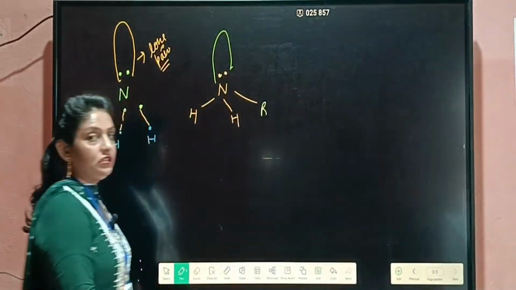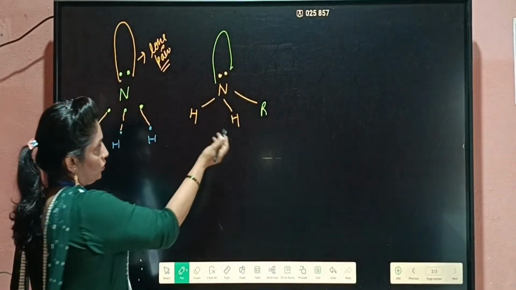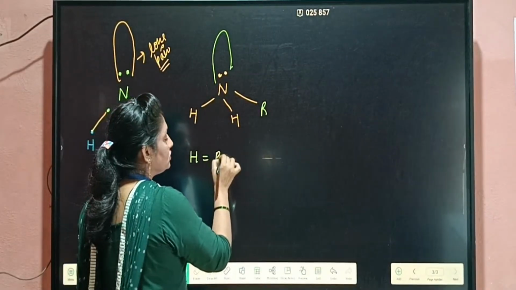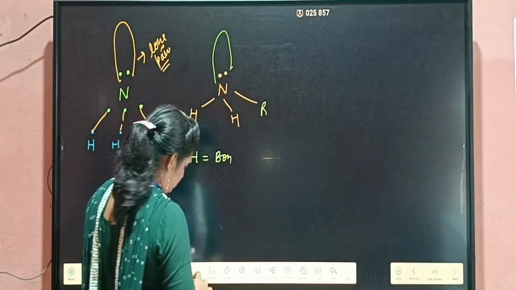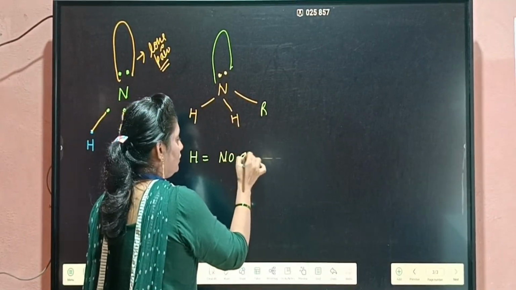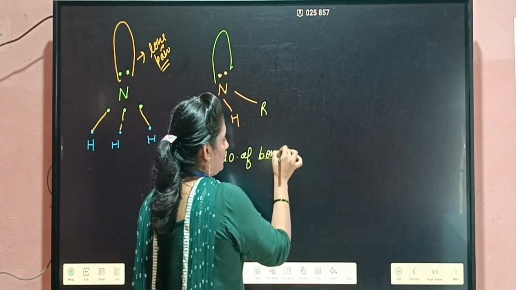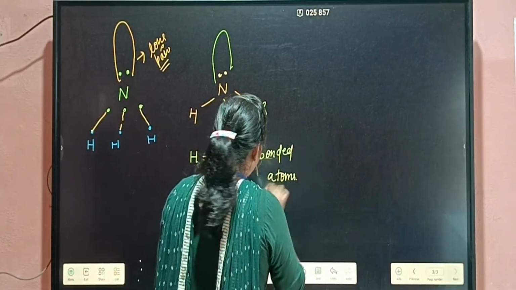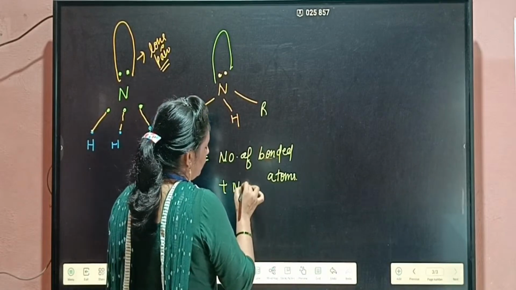Okay, the arrangement is the same here. So here also the same thing. Hybridization is the number of bonded atoms plus the number of lone pairs.